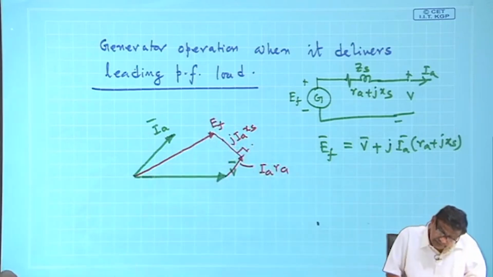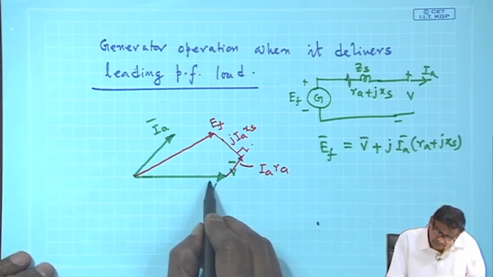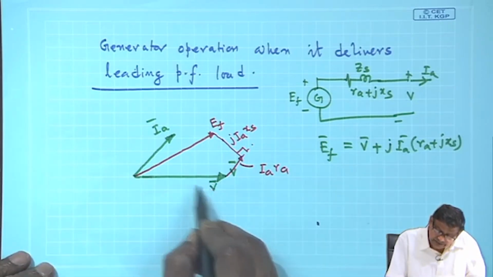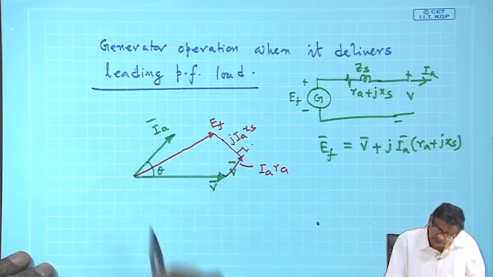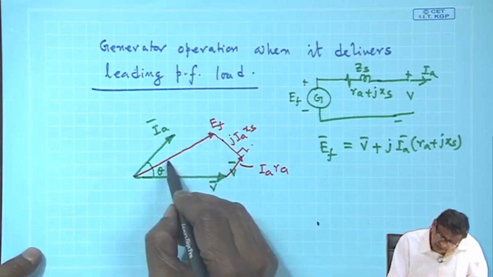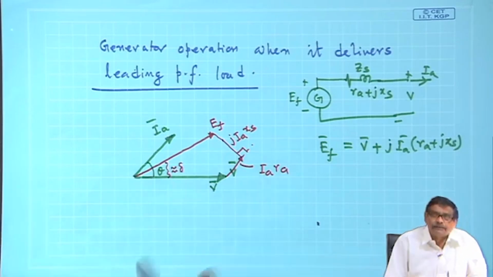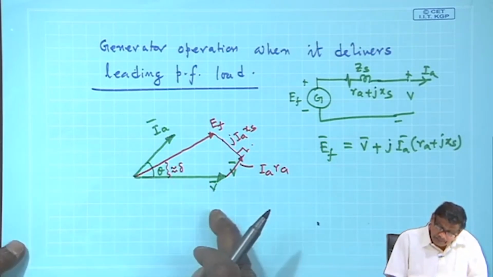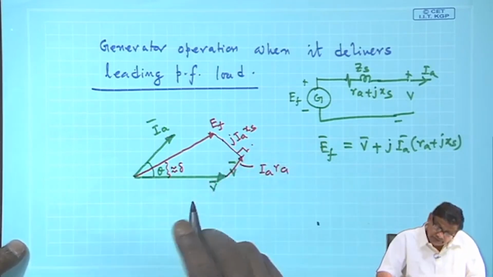You see, this one is your V, the green one, terminal voltage, and armature current. This is the power factor angle of the load, and this angle between these two will be close to the delta between V and EF, and because V will be equal to ER we have seen.